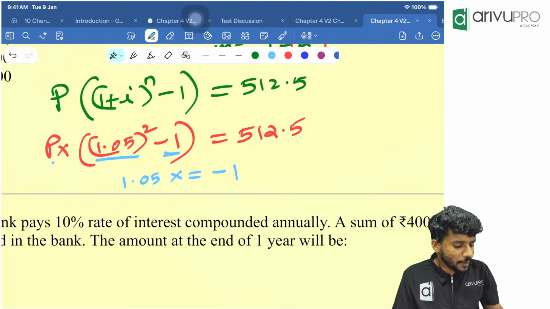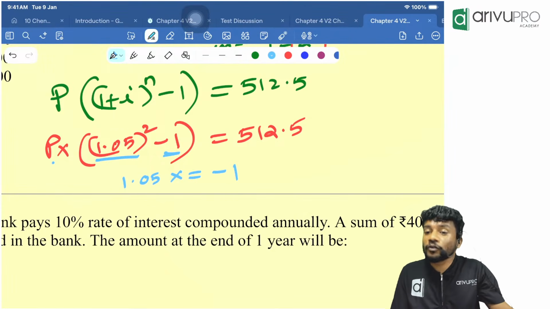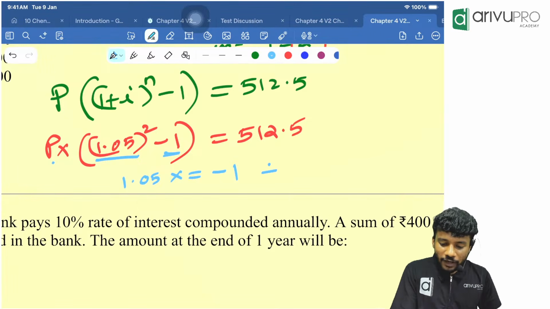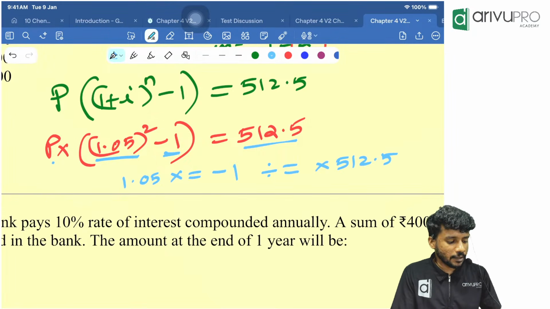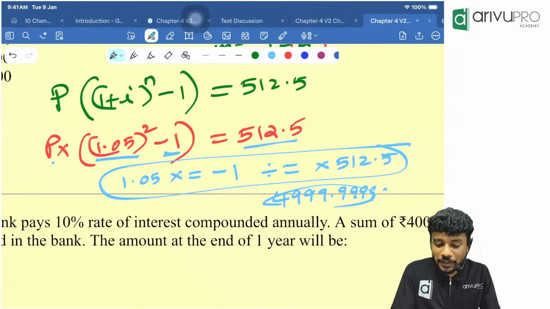How much did you get exactly on the calculator? 0.1025. Now, how can I take it to the other side? Divide, then multiply it with 512.5. Get me the answer. How much is it? 4,999.9999. That is nothing but, as I told you, 5,000.